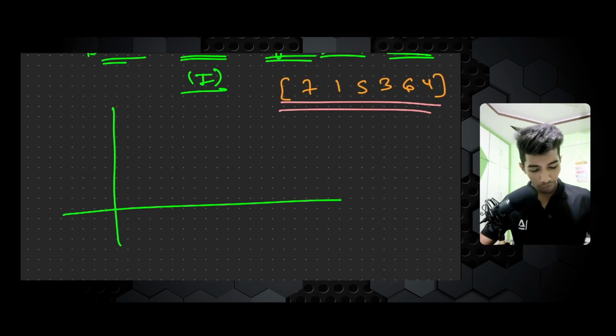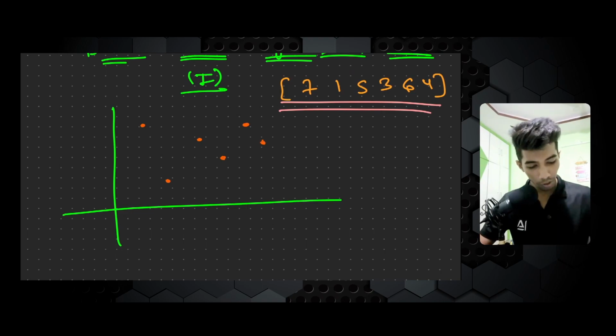You can think of it as this particular graph. Let me plot some data points over here. Suppose this is 7 and this is 1, then this is 5, then this is 3, then this is 6, and here we got the 4, slightly below.